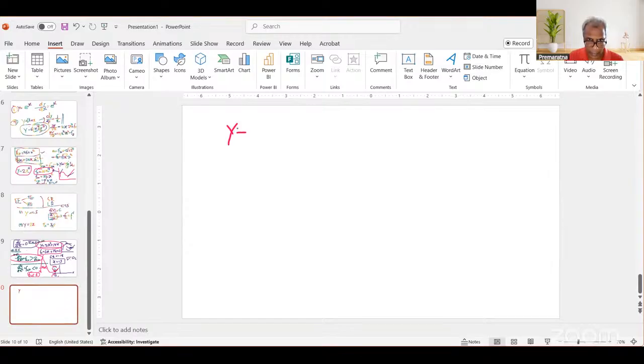This equation: y equals minus x1 to the power 2 plus 2x1 minus 2x, the second variable is x2 to the power 2 plus, here is the minus, 16 x.